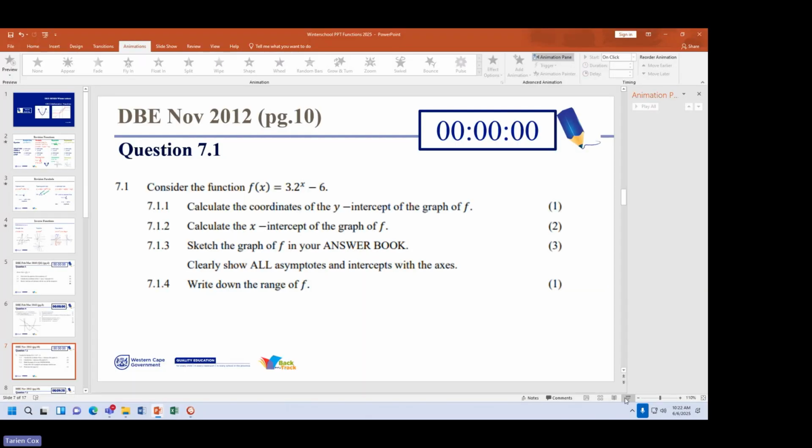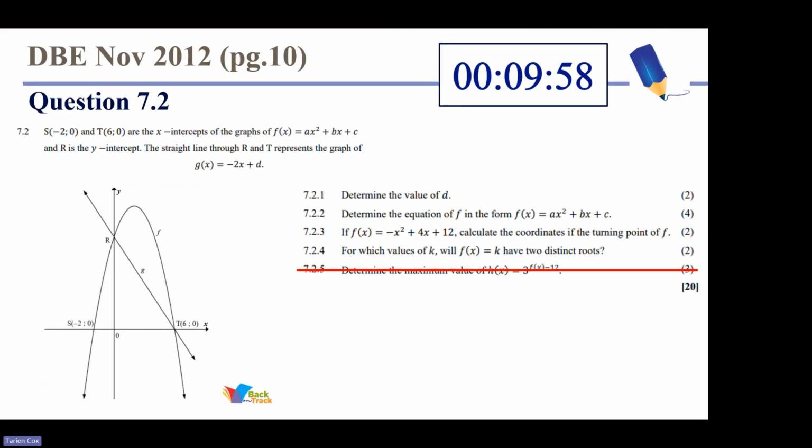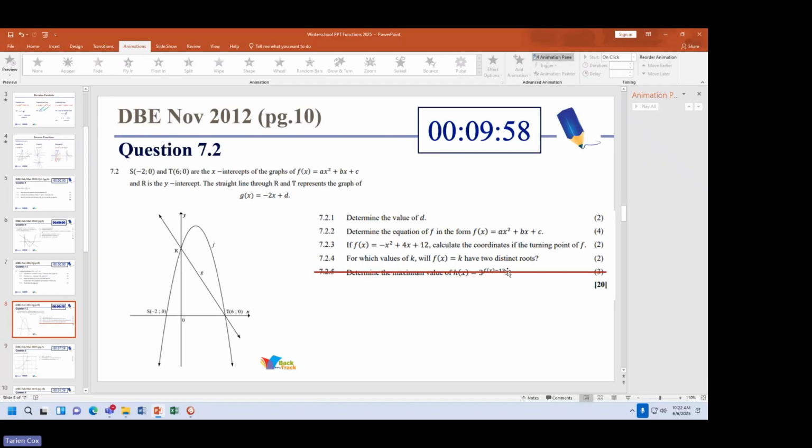Then we are going to move on to question 7.2. Now, grade 12, I just want to do this: we will not be doing 7.2.4 as well as 7.2.5. So I might take out a few minutes, like 2 extra minutes.